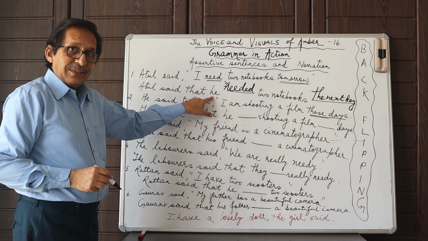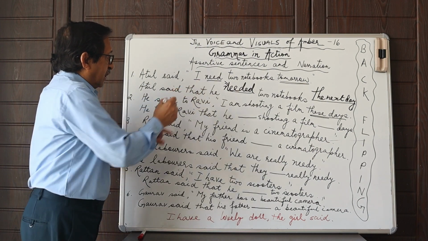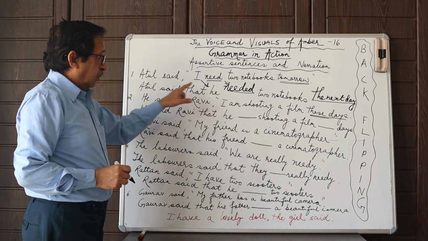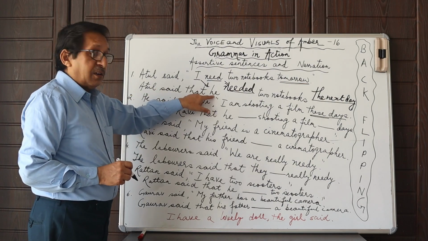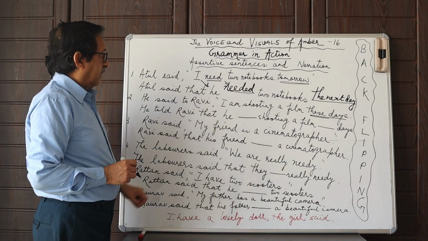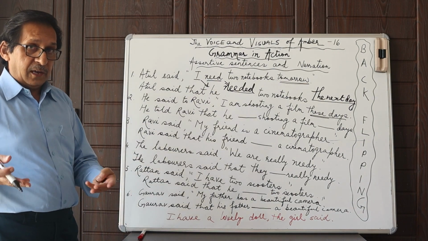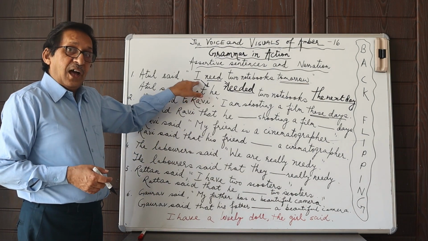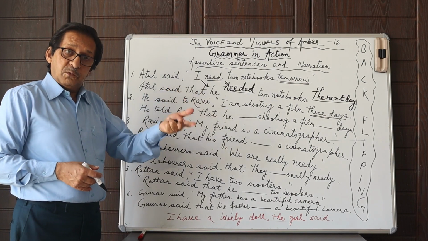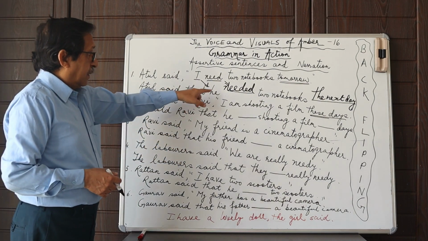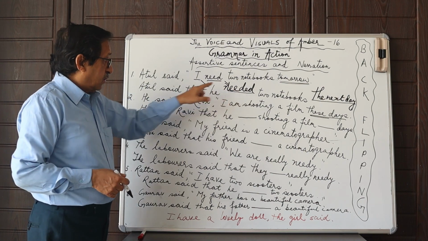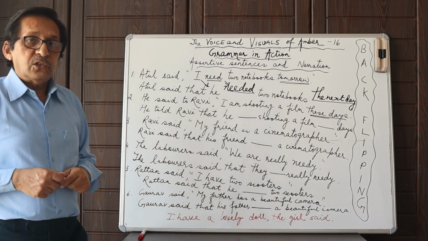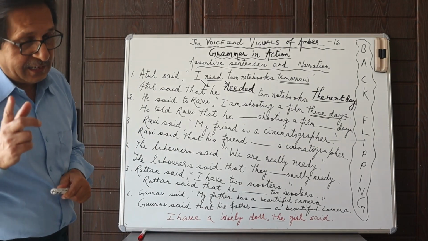And I will change to he, because he would refer to Atul and not the reporter. Okay? Because if the reporter needed the two notebooks, then of course it would remain I. But the reporter doesn't need the notebooks, Atul does. So Atul said that he needed 2 notebooks the next day.